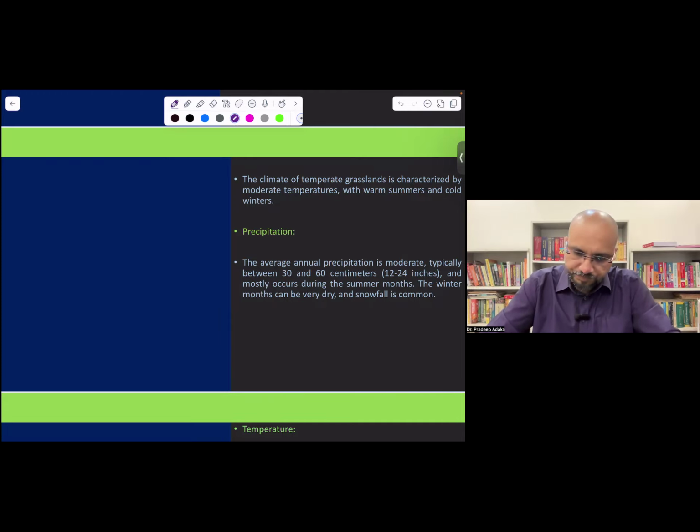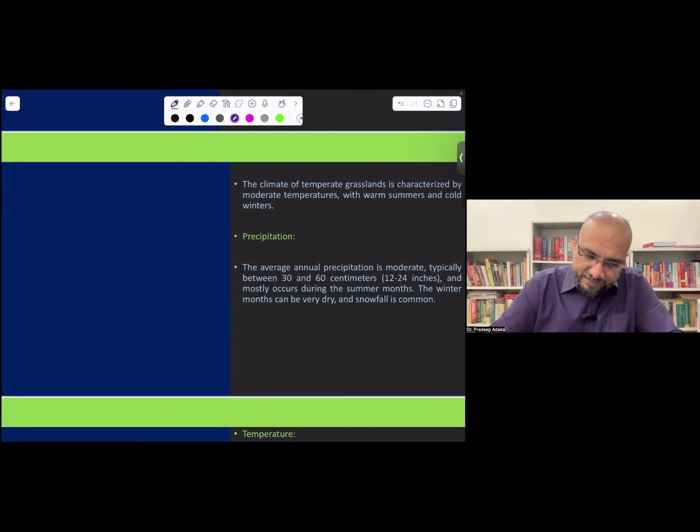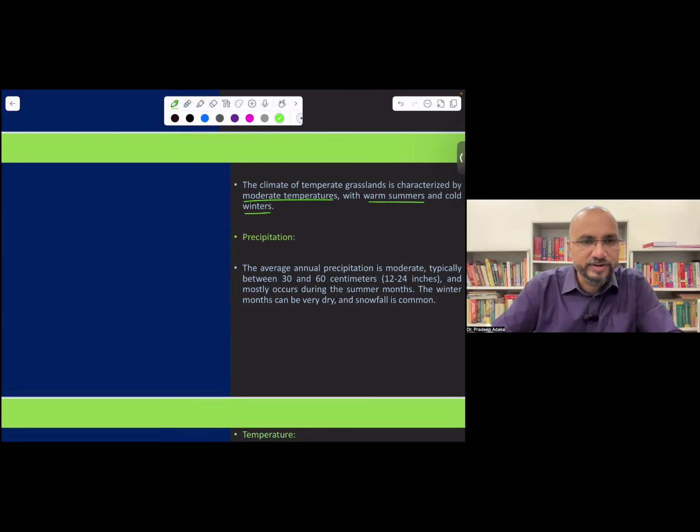Okay, so the climate: temperatures are moderate with warm summers and cool winters. Now we'll discuss in detail the temperature ranges and the precipitation. Warm summers and cold winters; we are not saying hot because it is already a temperate region. With higher latitude, temperature decreases.